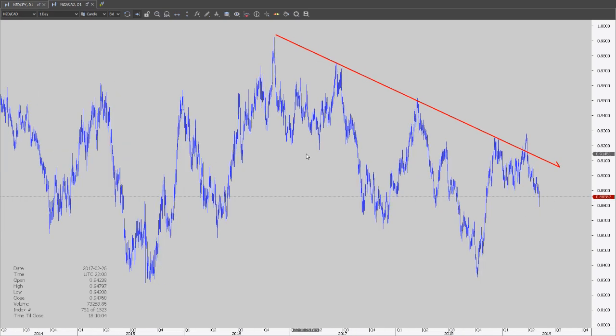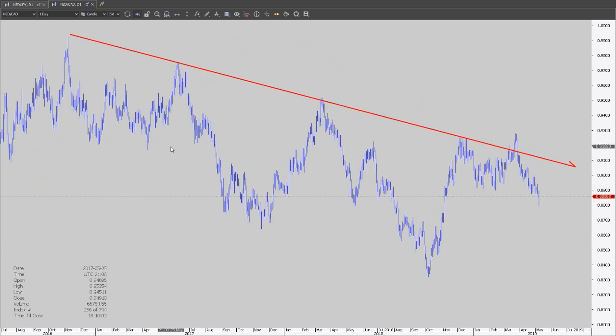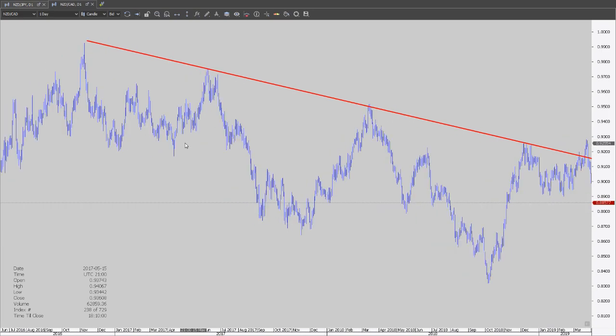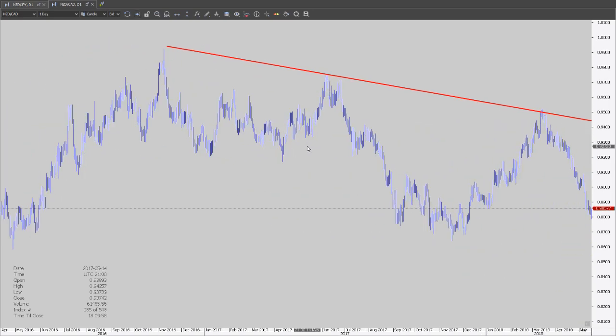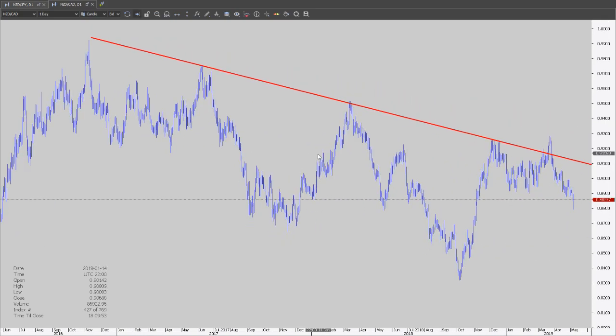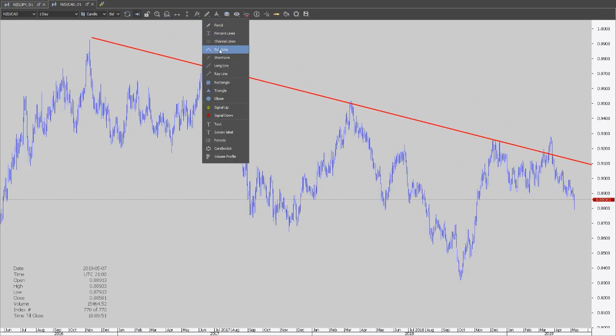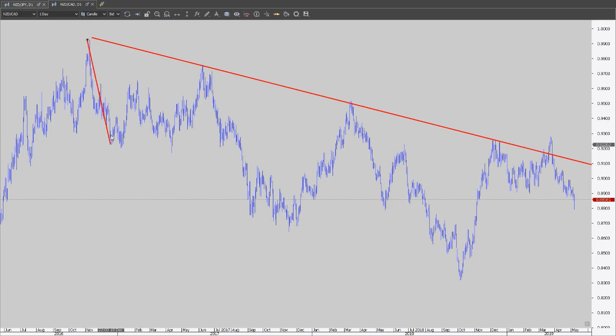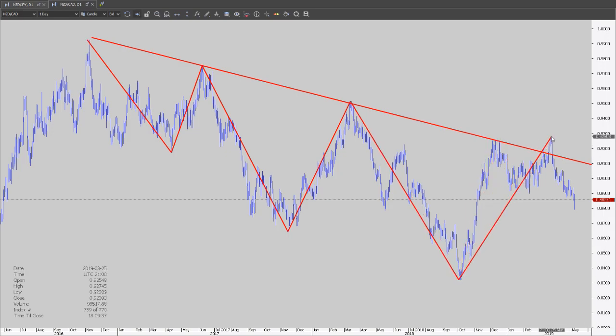Now, very slowly, I'm going to draw structure. High, low, lower high, lower low, lower high, structure, right? Lower low, and finally lower high.